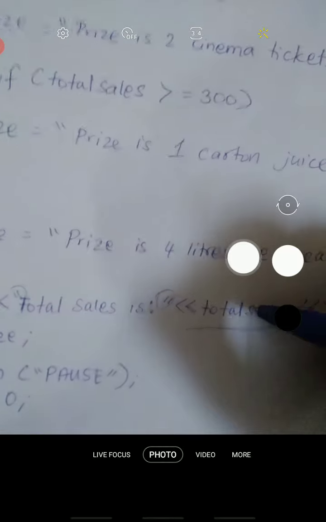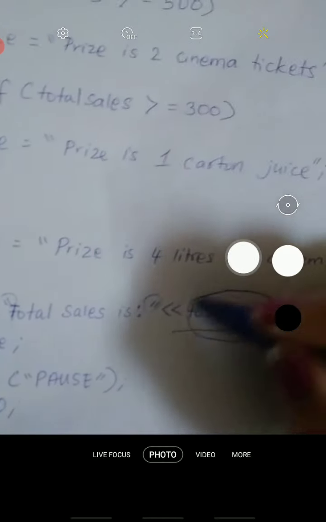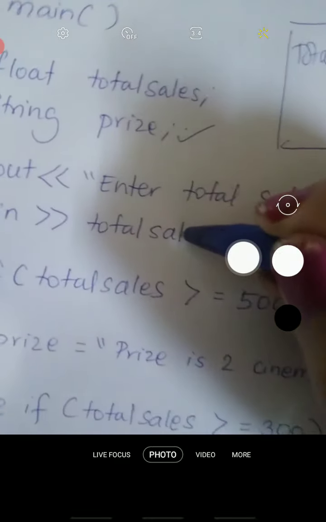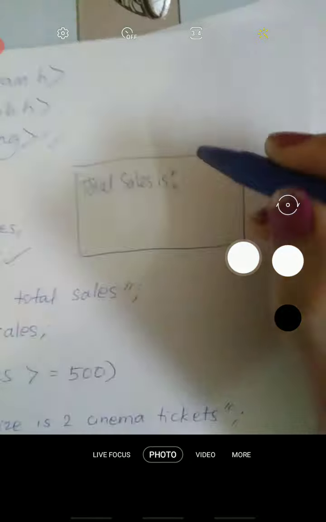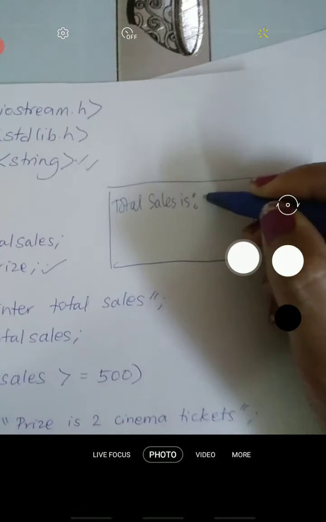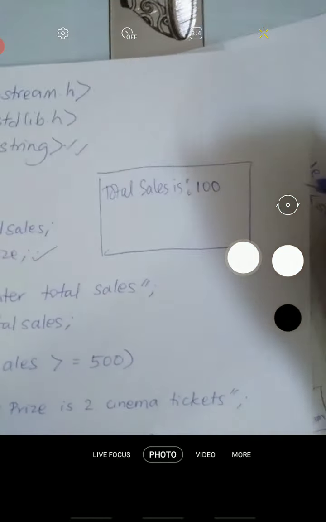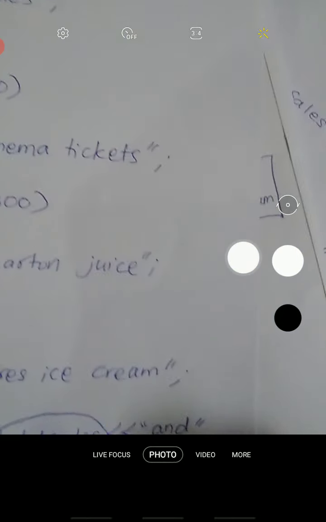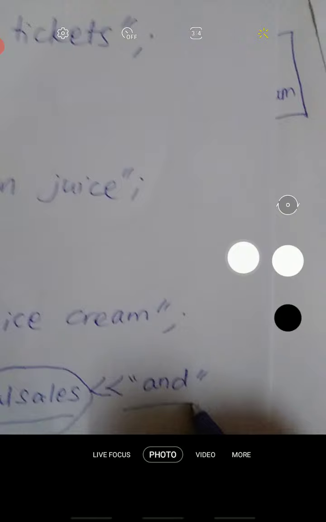And when we have this line, it will take in whatever is stored in the variable, in this case whatever is stored in the total sales that was entered by the user. So for instance, if the user had entered $100, then 100 will be shown here, and since I've put another statement there in inverted commas, it will appear as such.